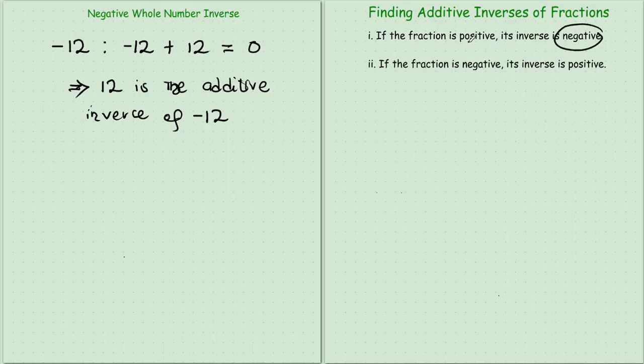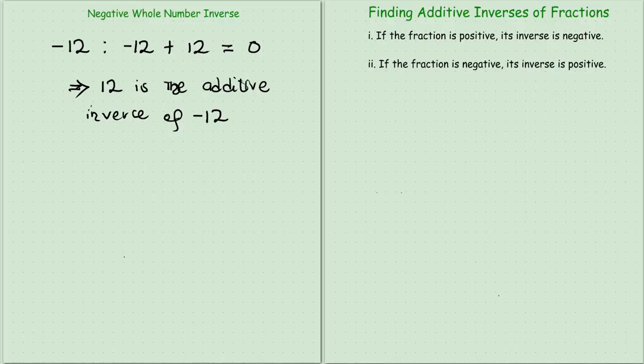So the positive fraction's inverse is the negative of the fraction. If the fraction is negative, then its inverse becomes positive. If you understand how to multiply signs, that is negative times negative giving you positive, you can easily conclude that this rule alone is enough. Hence, for any fraction you are given, just negate it and you get its inverse.